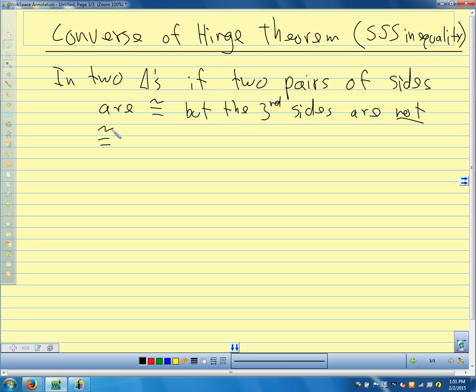So we have two sides that are congruent, the third side's not. What the converse tells us is the bigger angle is across from the longer side.